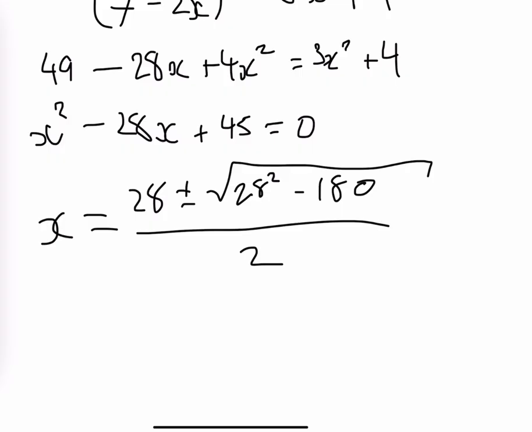And we get up a calculator, we type that in, and what do we get? We get 28 plus the square root of, sorry, typed it in all wrong. 28 plus or minus the square root of 28 squared minus 180, all over 2. So we get 14 plus or minus 151.